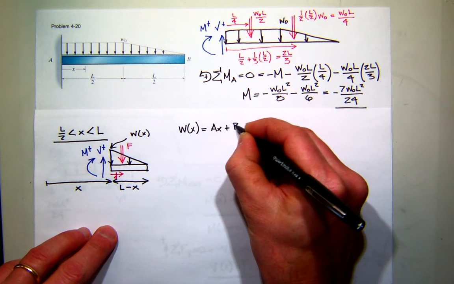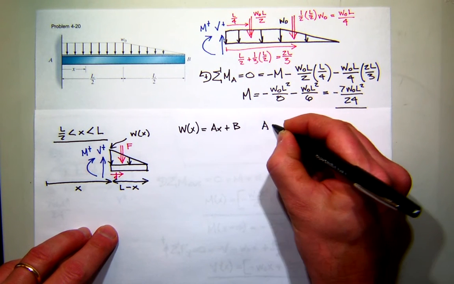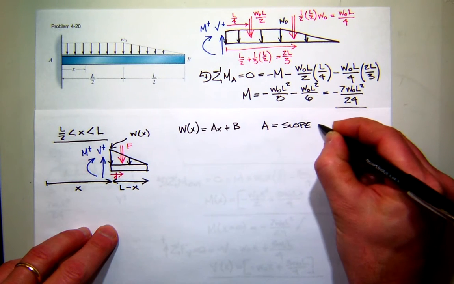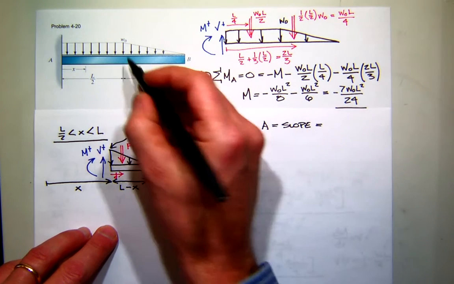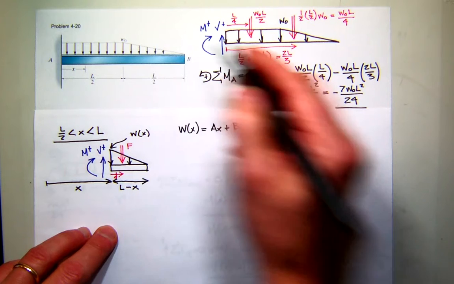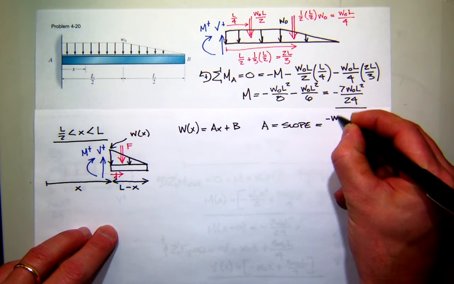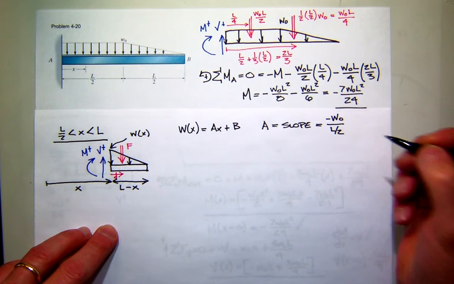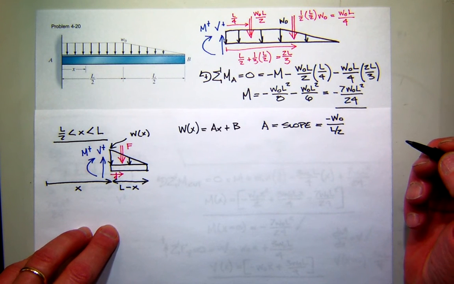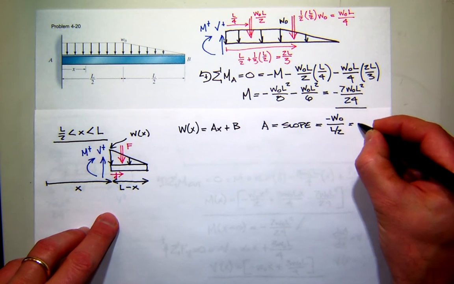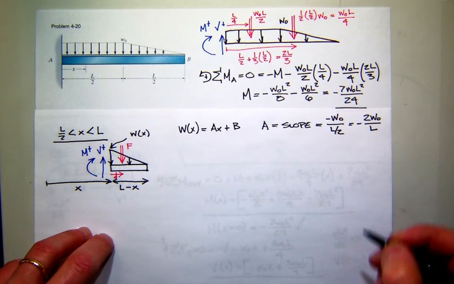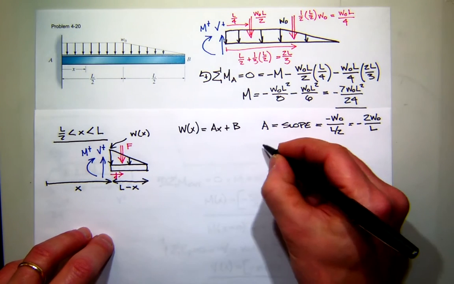We know that a is the slope. And what is the slope of that line? Well, it's going to be rise over run. So it's going to drop W naught over a length of L over 2. Right? So what is that? That's minus 2 W naught over L. So there's my slope.